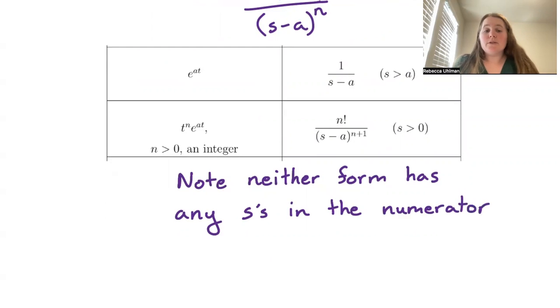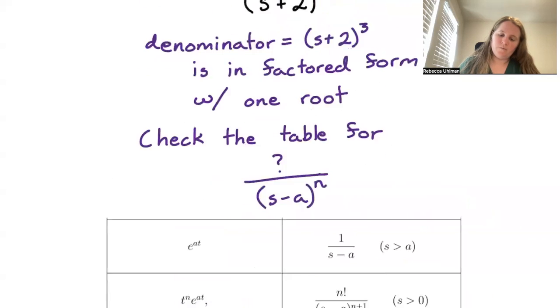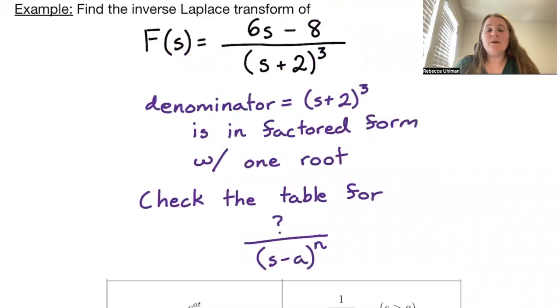So we are forced to use partial fractions to change the format of our original function, 6s minus 8 over s plus 2 cubed. We're forced to use partial fractions to break this up into individual fractions, none of which involve an s in the numerator.